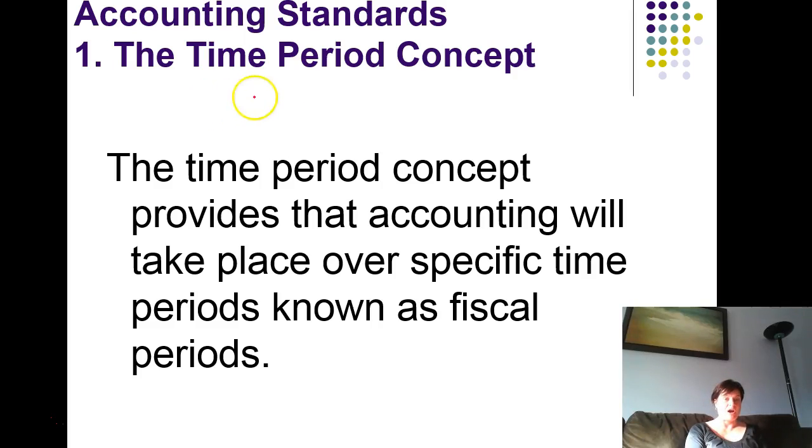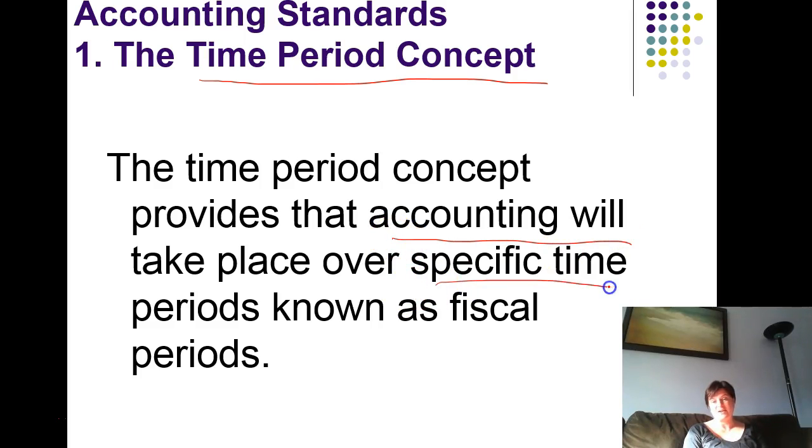We also have some new accounting standards that we need to consider when we're looking at income statements. The first one is called the time period concept, and this is directly related to the fiscal period. The time period concept says that accounting will take place over a specific period of time known as fiscal periods. This means that if our business is reporting on an annual basis, we're going to always report on an annual basis.